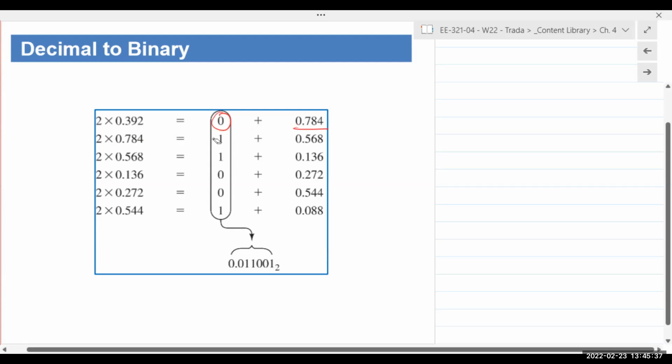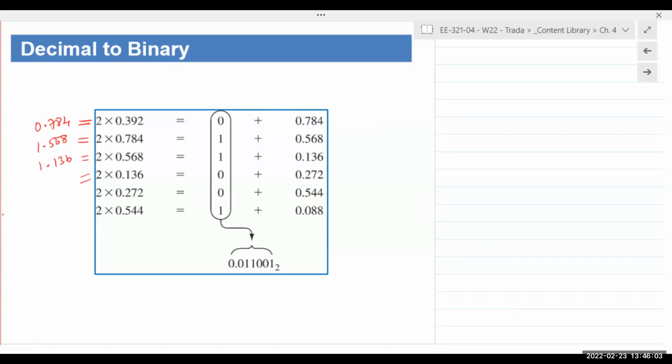Here, let me write it here. This is equal to 0.784. This is equal to 1.568. This is equal to 1.136. And so on and so forth. Then you take the real part, you write down the real part right here, and you write down the decimal fraction on the other side.